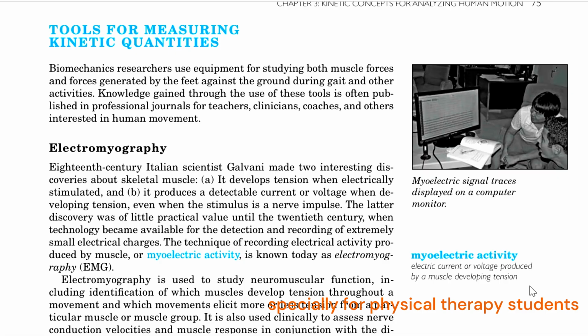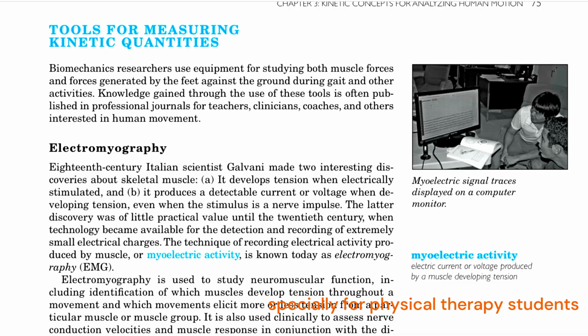So, tools for measuring kinetic quantities. This is a very important topic related to biomechanics, especially when you are going to discuss kinetic quantities. We are going to discuss two major things today: EMG and dynamography.